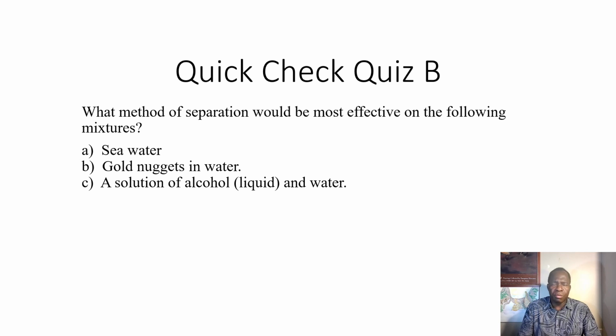Alcohol is a liquid, water is also liquid. Gold nuggets in water: gold is solid, water is liquid, that's solid and liquid put together. And seawater is a mixture of NaCl, salt, and water.